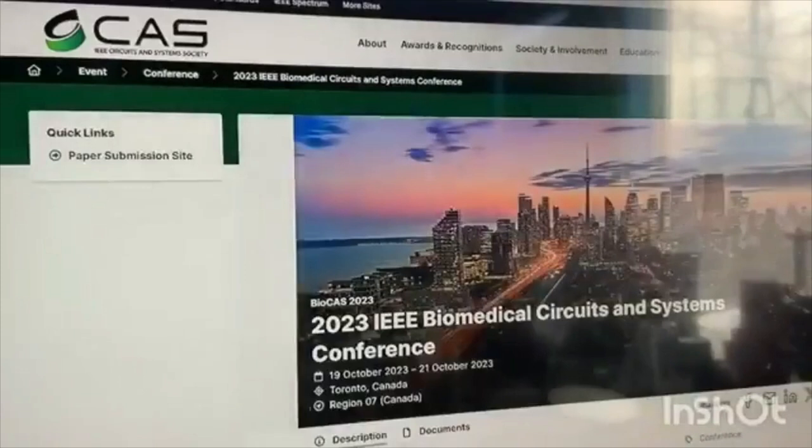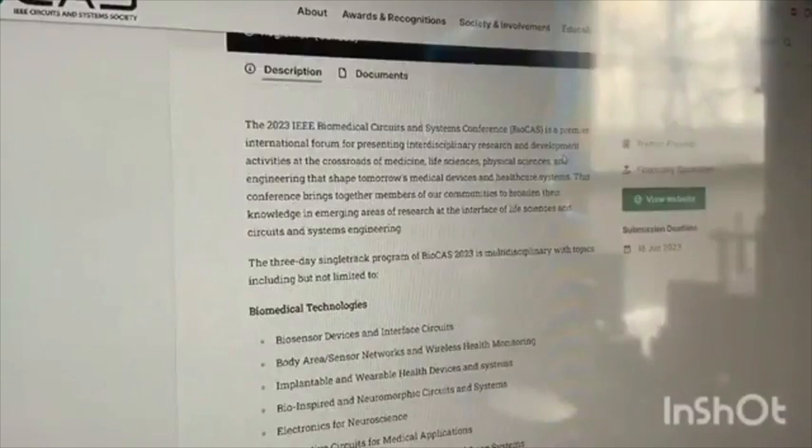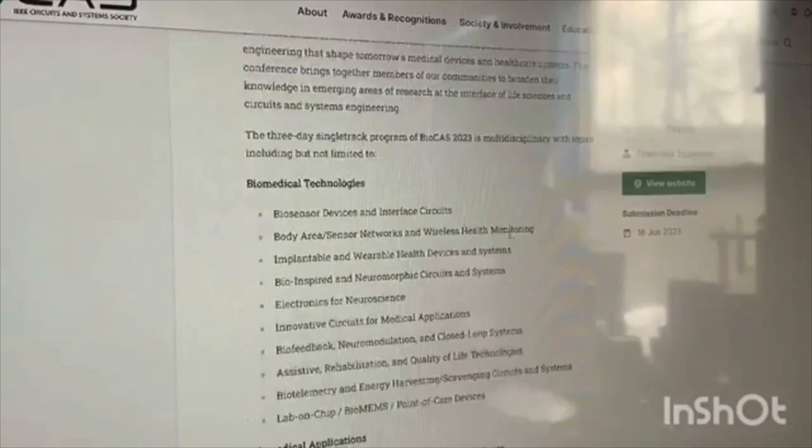IEEE Biomedical Circuits and Systems Conference in 2023, a premier international forum for presenting interdisciplinary research and development activities at the crossroads of medicine, life sciences, physical sciences, and engineering that shape tomorrow's medical devices and healthcare systems.